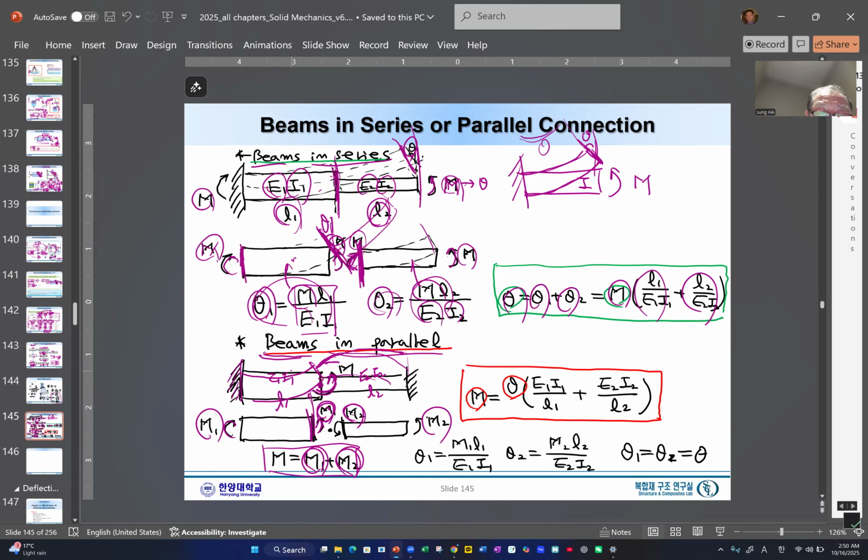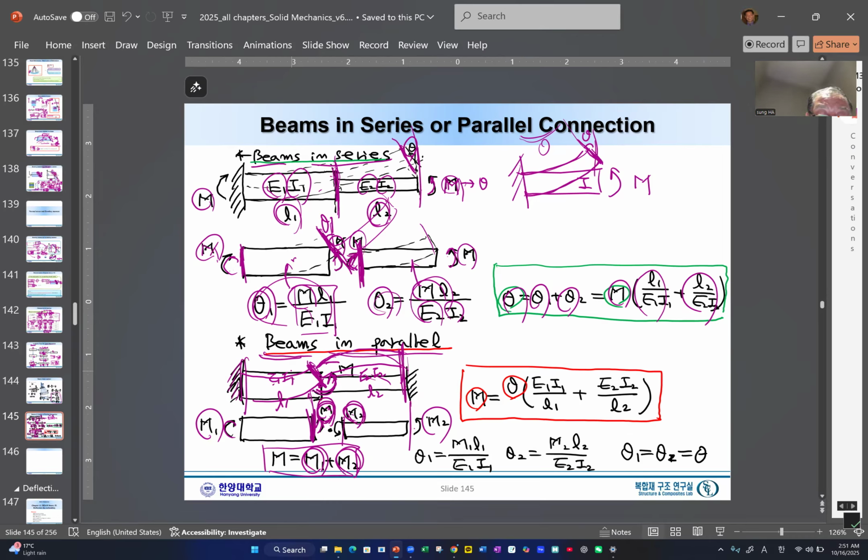I like to draw like this. So this rotation with respect to this one, and this rotation with respect to this is all the same. In other words, the rotation angle by the M1 and the rotation angle by the M2 will be the same.